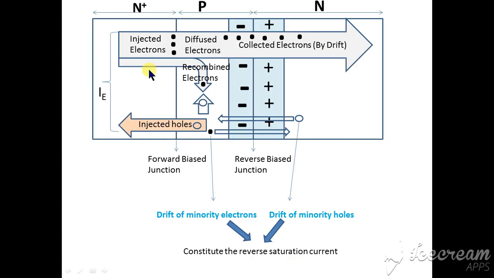The flow of different charge carriers through the NPN transistor may also be summarized from this schematic diagram, where these are the injected electrons from the emitter side into the base region.